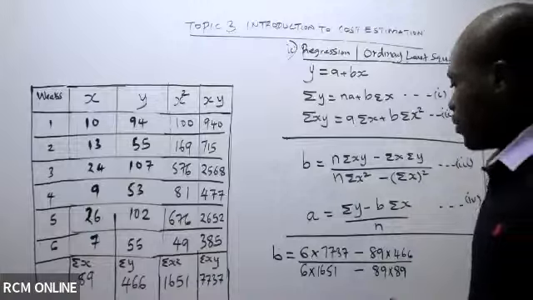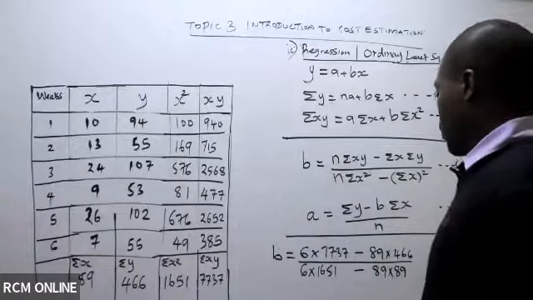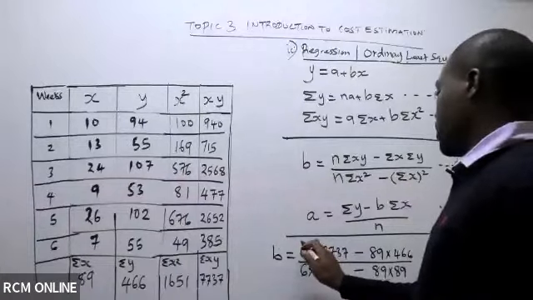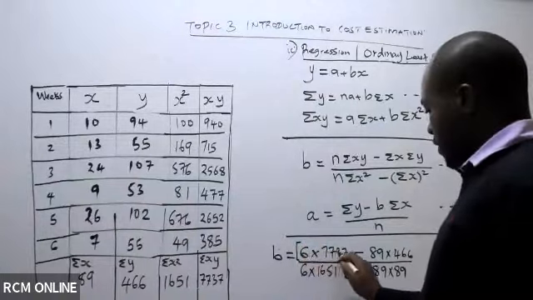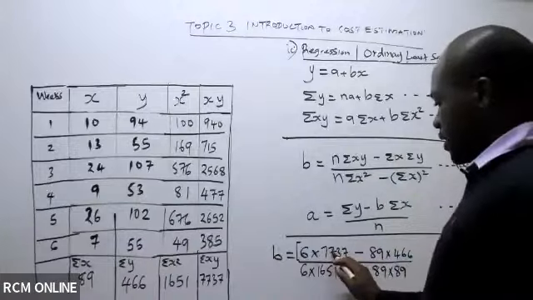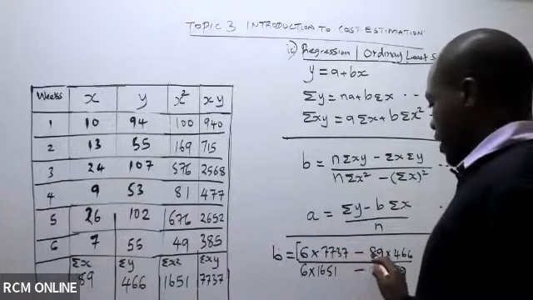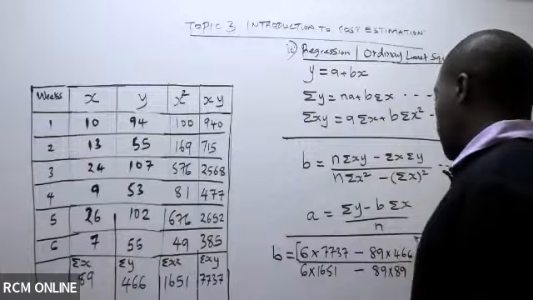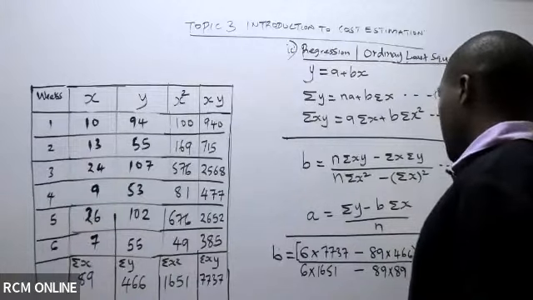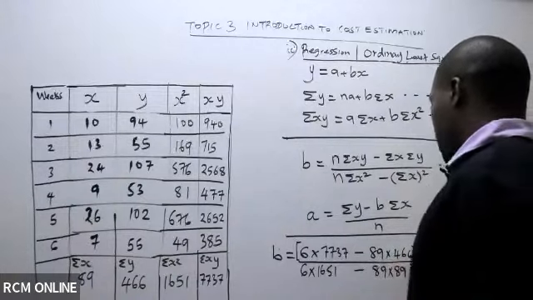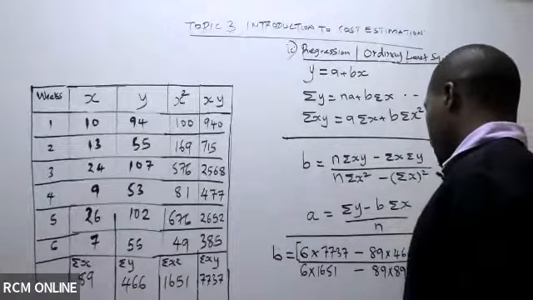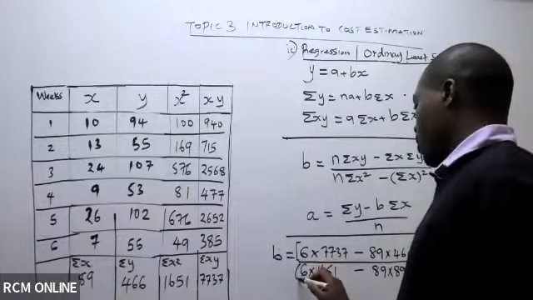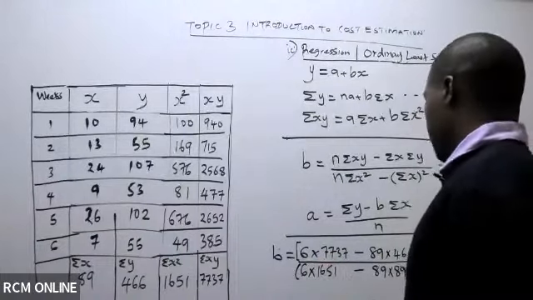Good. Now, if you know how to use your calculator, just go to your calculator, open this bracket here, and write everything the way it is. 6 times 77, 37 minus 89 times 4, 66, close the bracket. Then you say divide by, and put all of this in a bracket too.